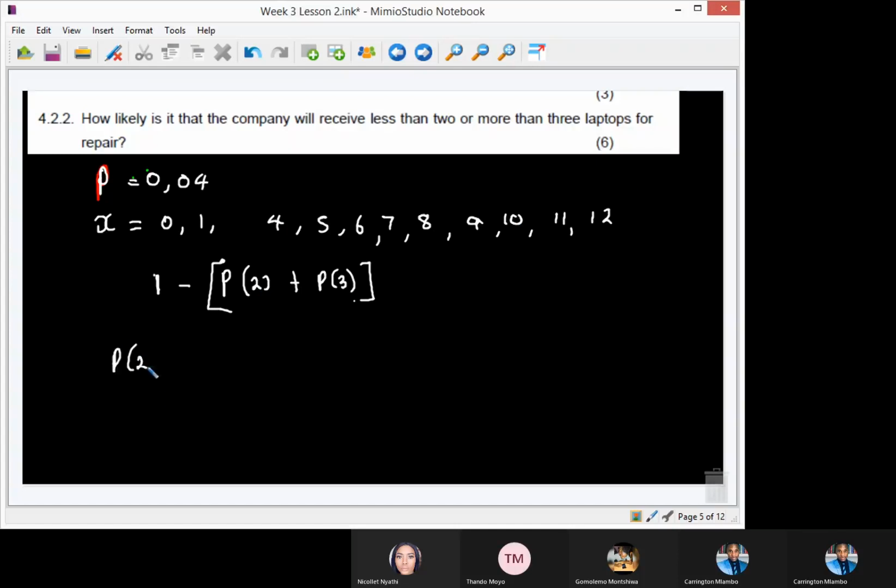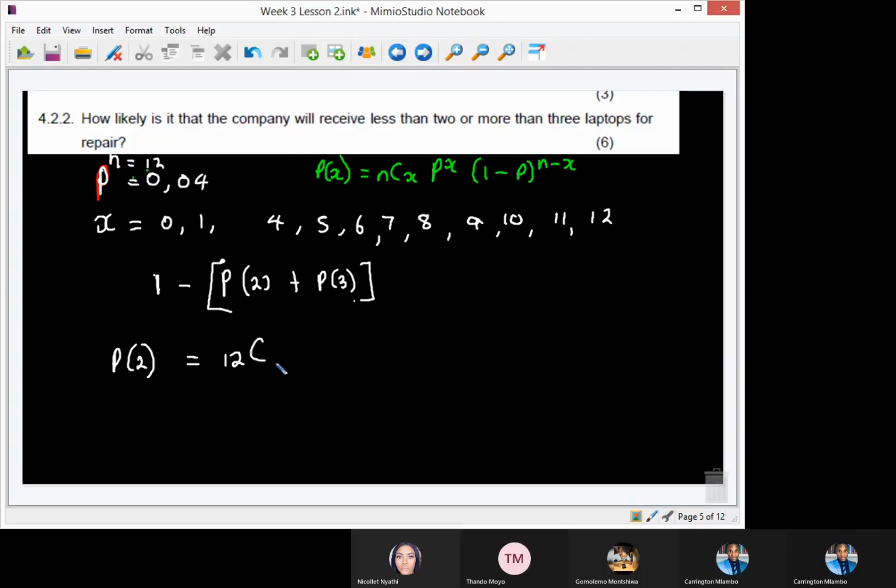So probability for 2 is equal to, do you still remember the formula? Okay, let me write it. The formula: probability for x is nCx p to the power x times 1 minus p to the power n minus x. So probability for 2: our n is 12, isn't it? Don't forget that. N is 12.